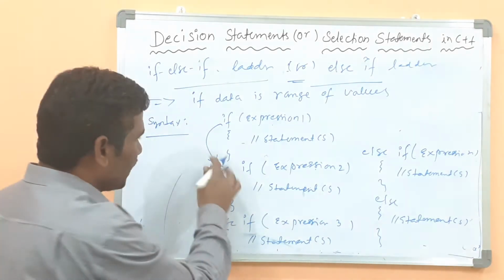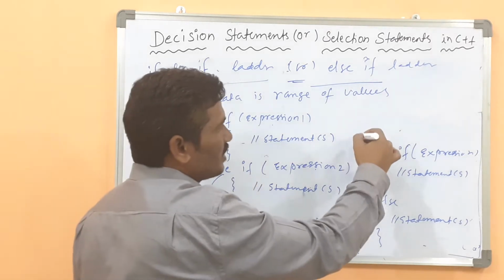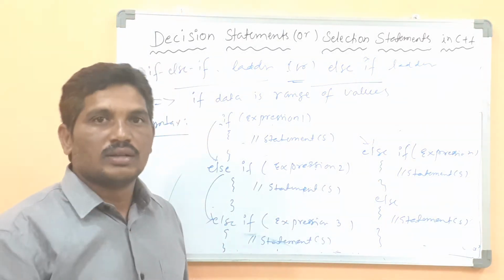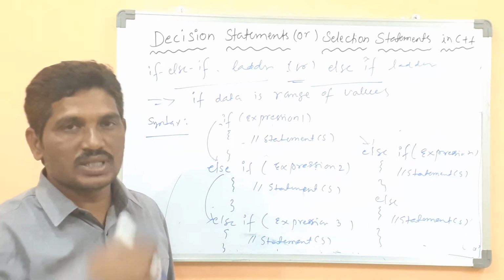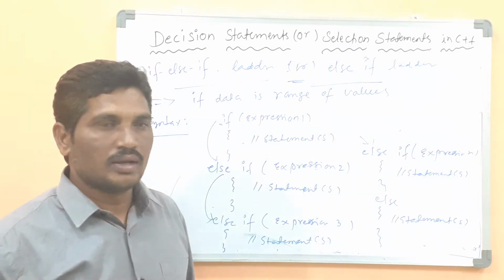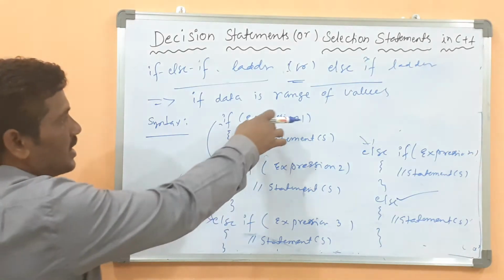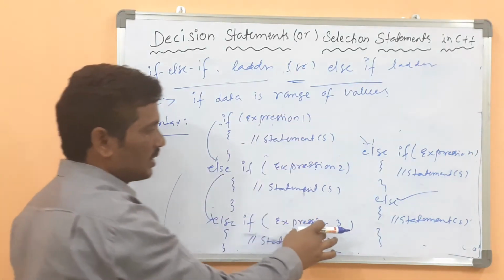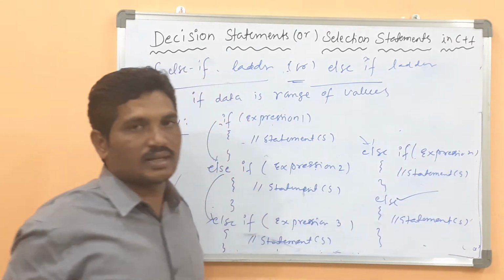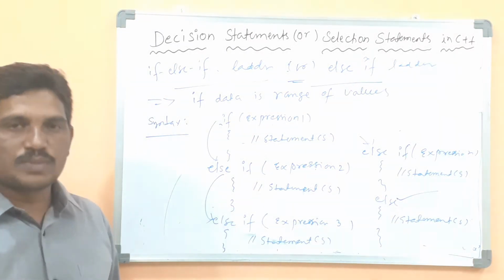If it is also false, it comes to the next. If all the if statements are false, then simply the else part will be executed.